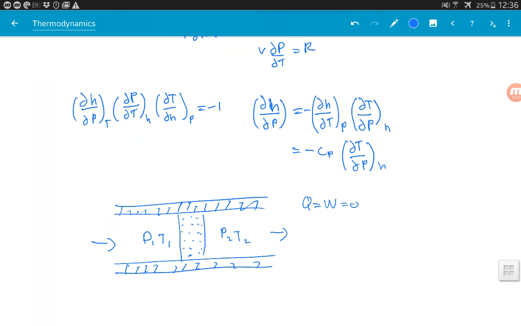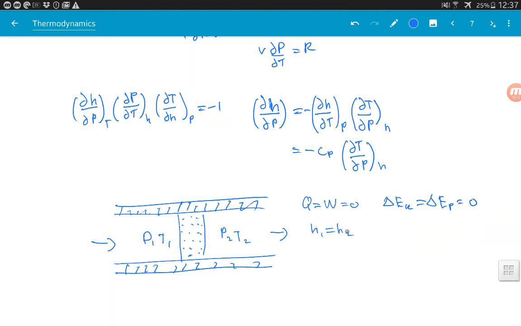There's no work done, and there shouldn't be a change of kinetic energy or potential energy, such that ideally H1 equals H2. The enthalpy on this side and the enthalpy on that side should be the same.